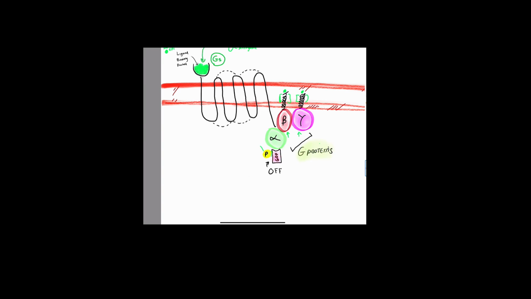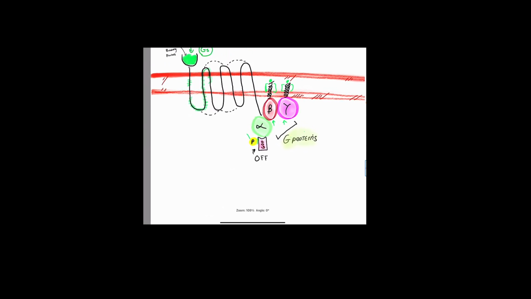The G-coupled protein is going to undergo a conformational change, which means it's going to change its shape. And by changing its shape, it's then going to have the G proteins dissociate from each other.